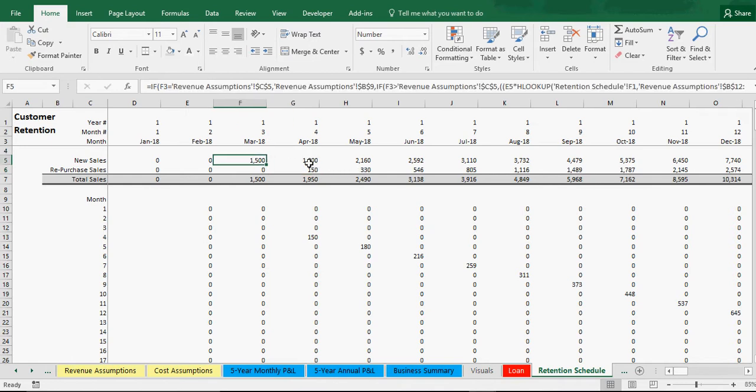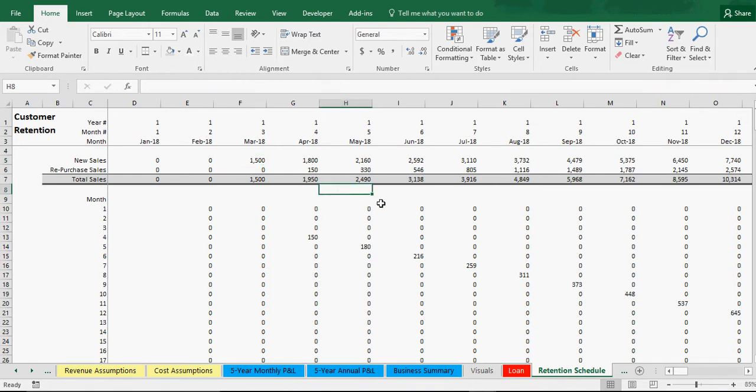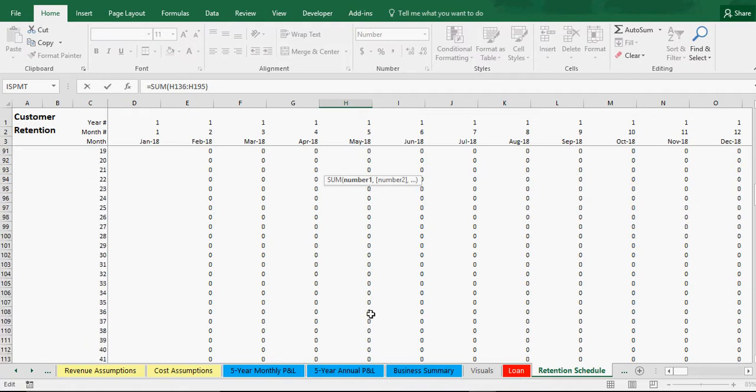That's where this model really shines, because it gives you everything. 10% of this is 180 plus 150 from the 1,500 comes to 330. That's where this is calculated, even though this pulls all the way down from down here.